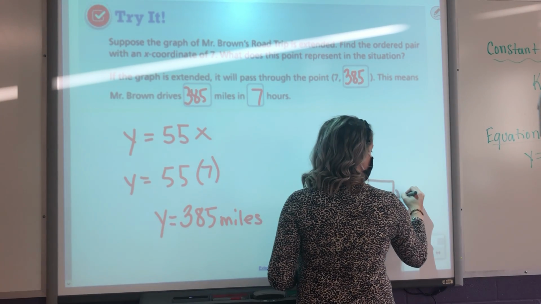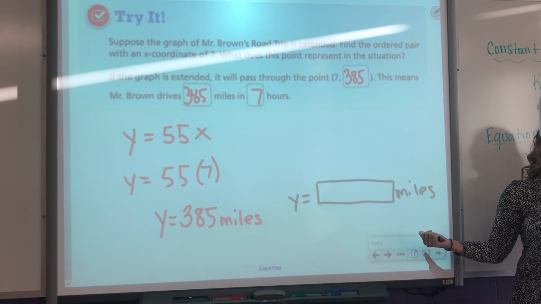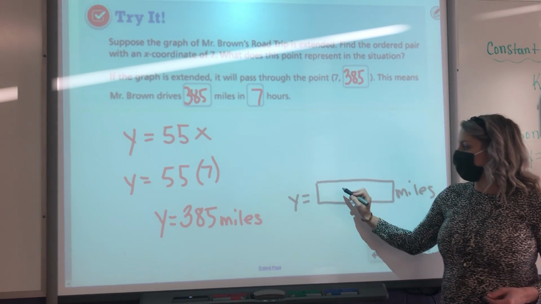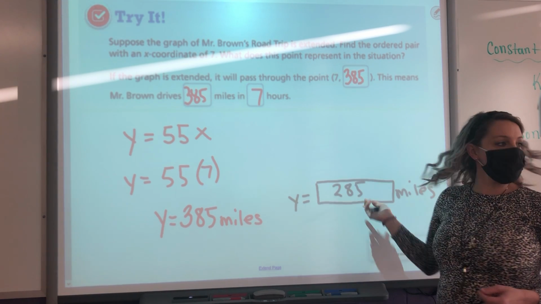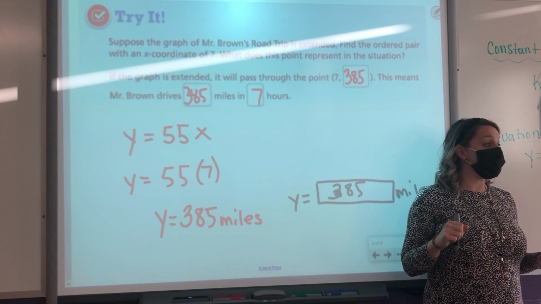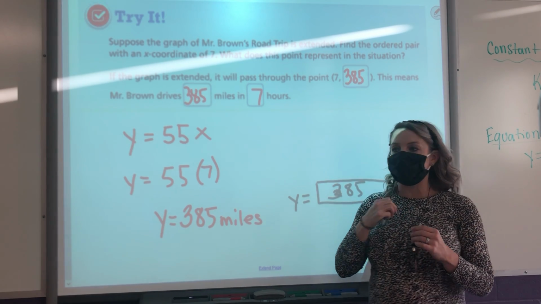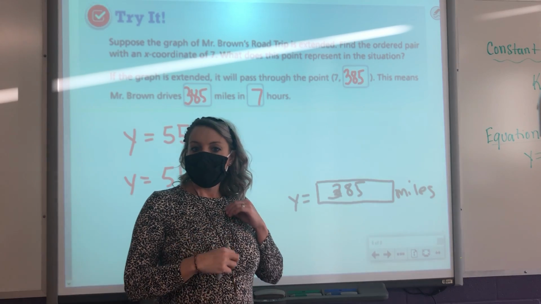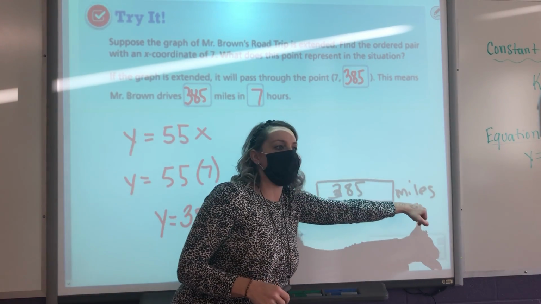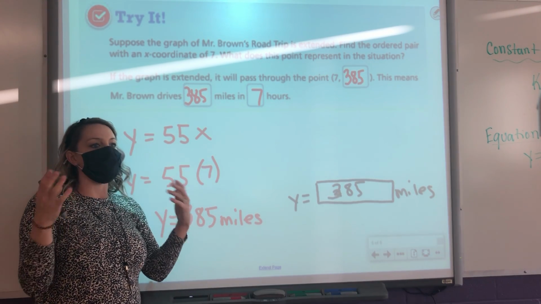If it was a fill in the blank, they're giving you the measurement. All you would have to write in is the actual mileage, that's 385. When I grade your test, if you notice, I don't take off for labeling, but I will put in miles after it, so you see that visual, so you know what it actually represents.